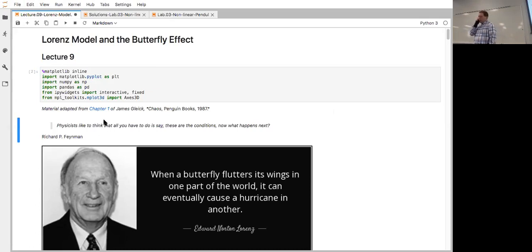One of the quotes from a great physicist, Richard Feynman, is that physicists like to think that all you have to say is, here are the initial conditions, and now what happens next? If I could just write down the equations of motion and give you initial conditions, I could solve whatever's going on. We've done this with the projectile motion problem: give it the initial velocity and position, you predict the behavior.